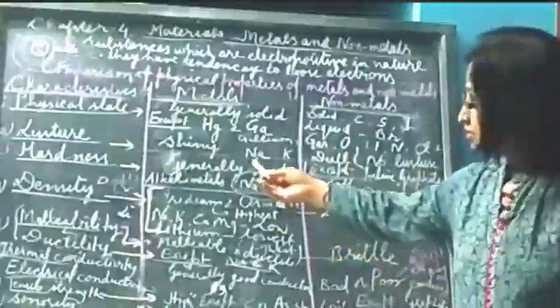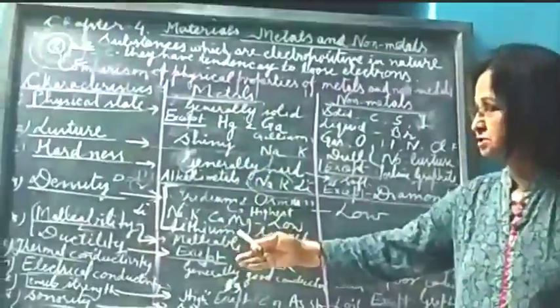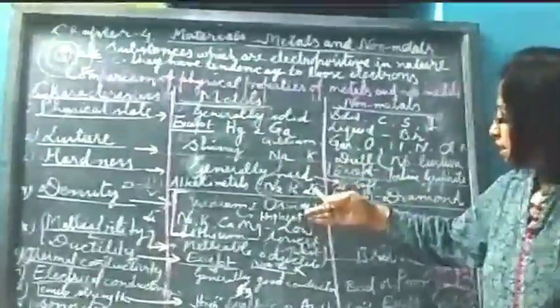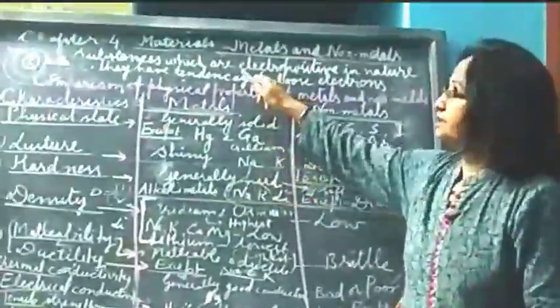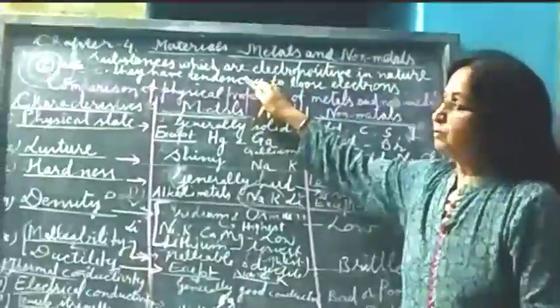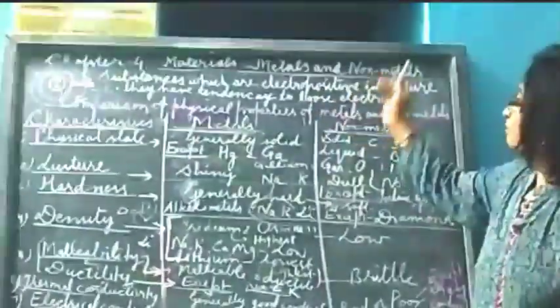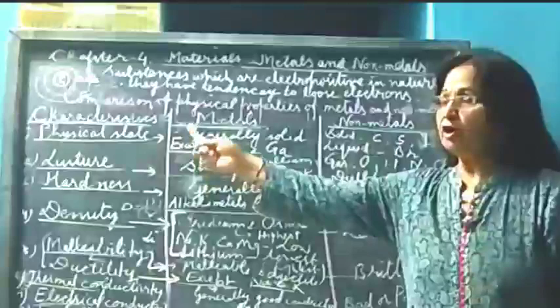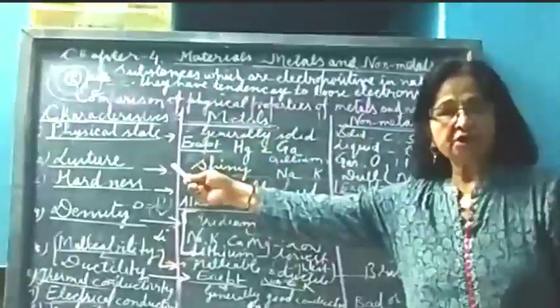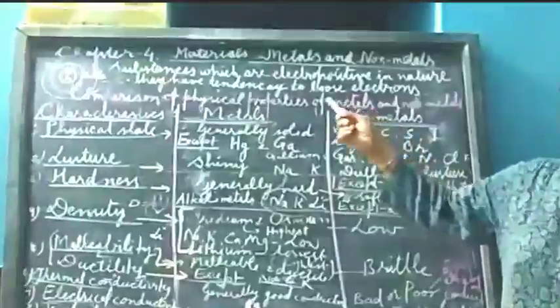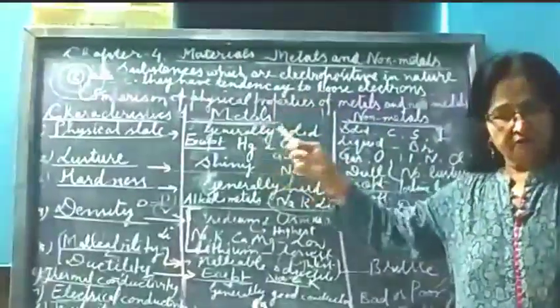So students, I think you have understood metals and non-metals with exceptions. That's why, when I started with the definition of metals and non-metals, you have to learn that metals have 1, 2, 3 valence electrons, whereas non-metals have 5, 6, 7 electrons.